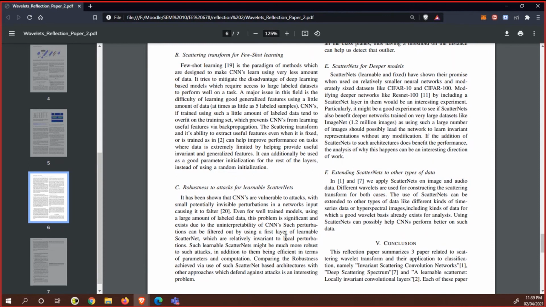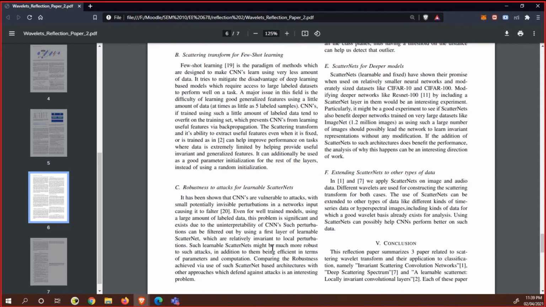But as many might have heard, they are extremely vulnerable to attacks. For example, there have been instances where some invisible noise has been added to an image, which causes the network to predict a human as a dog or a human as a pole, which can be very damaging for systems like self-driving cars.